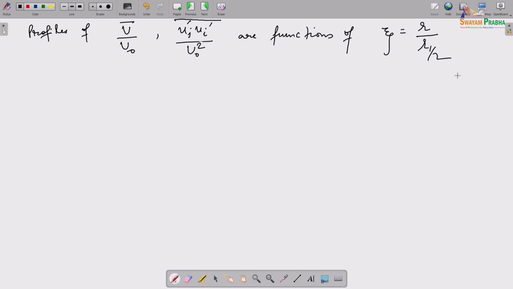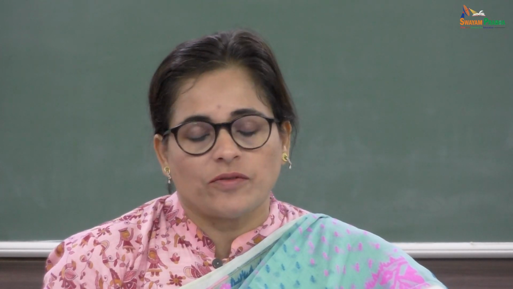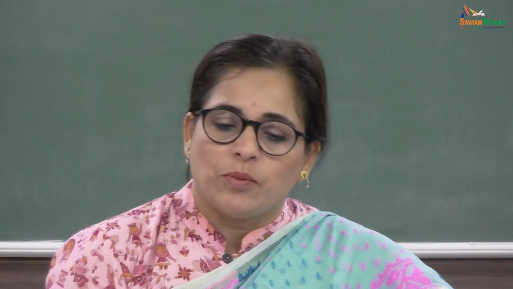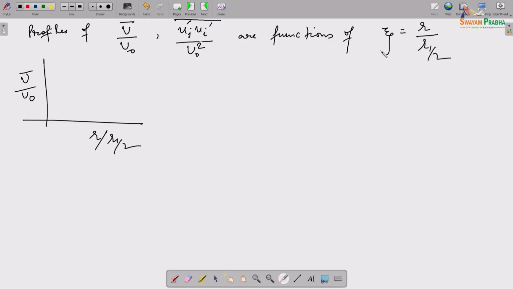So the point is, if I were to do this, you would have this by this, r by r half, and you'll get one plot, right? So you see, I can have several flows like that, but if you plot this versus this, then it's going to all be just one curve. So that's why they are self-similar. Similarly, the fluctuating part: you can have several different types of flows, but if you plot this value against this, then you basically get one plot.